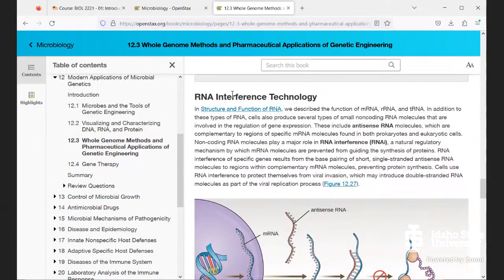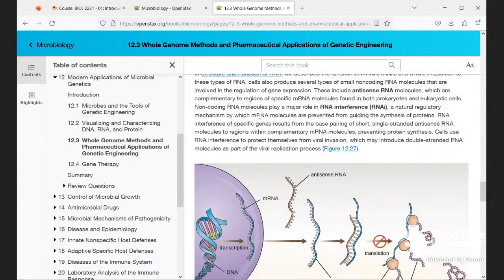as we move into this next bit, RNA interference technology. So there's a handful of different things that we may be able to link up with and stop production of things, right?